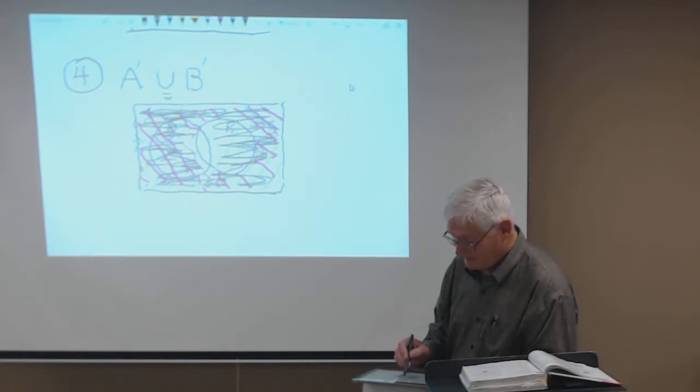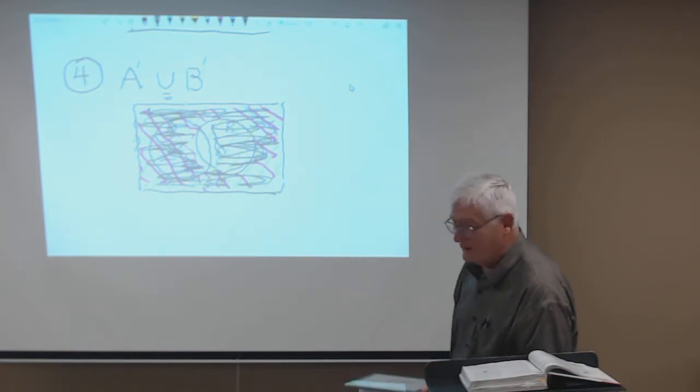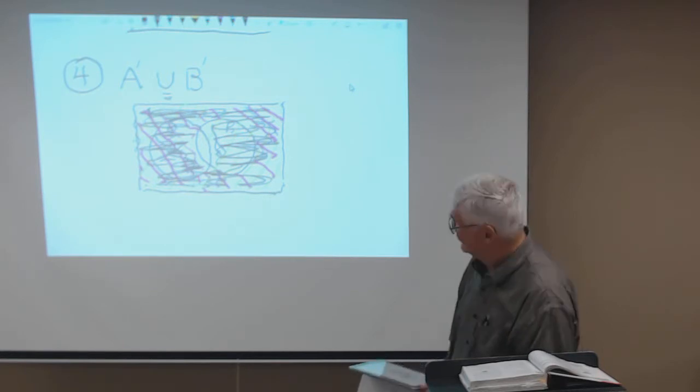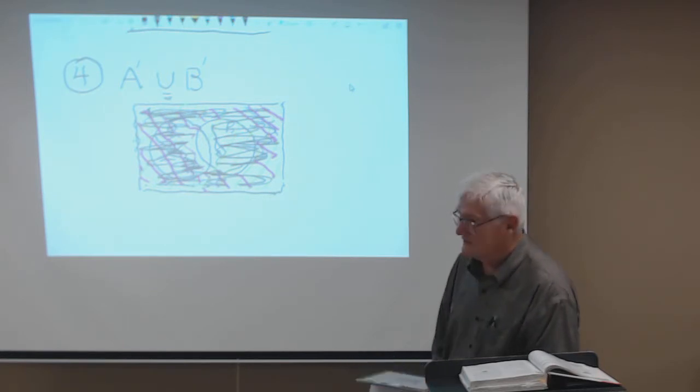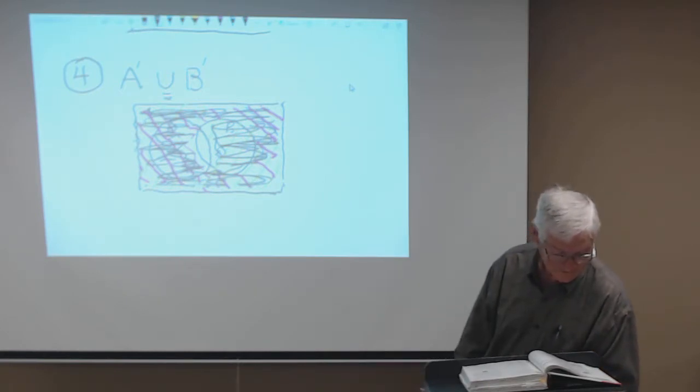Okay? So I'm shading in everything except this little section right there in the middle. And you say, that is a mess. Yes, it is. But that's how you do it.